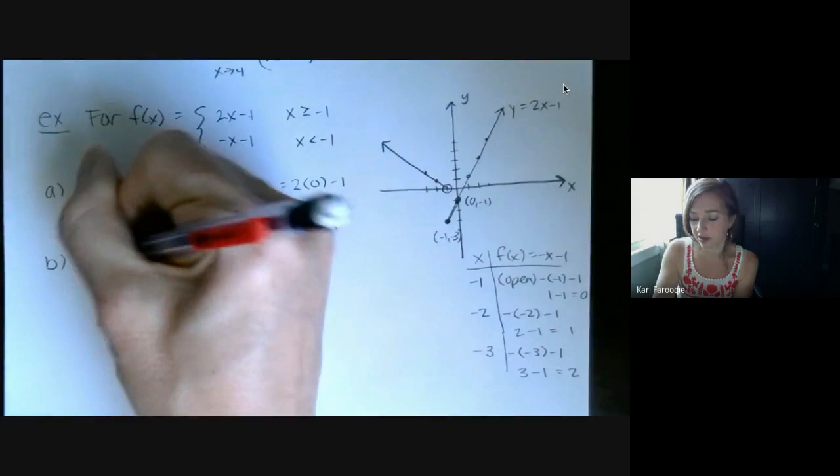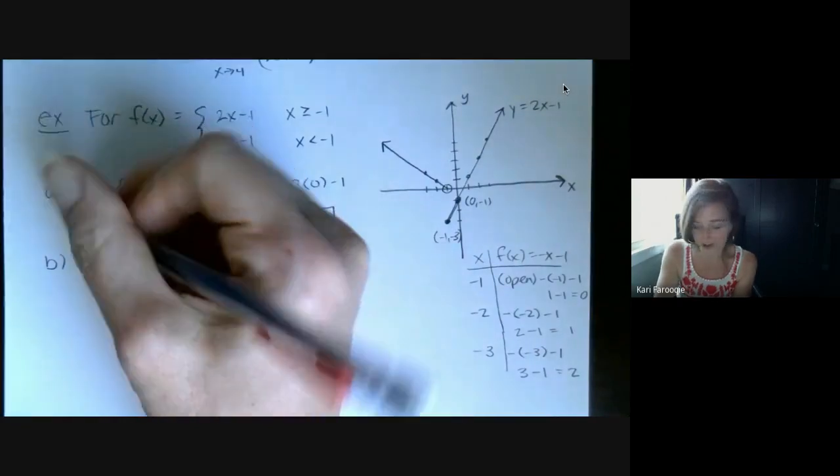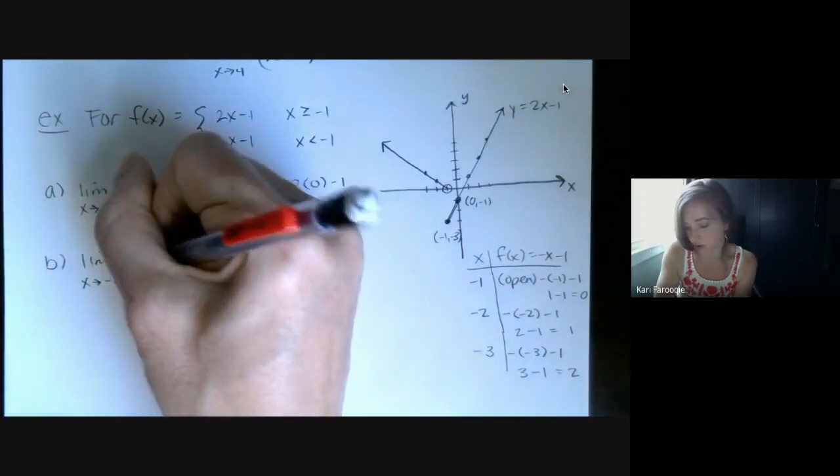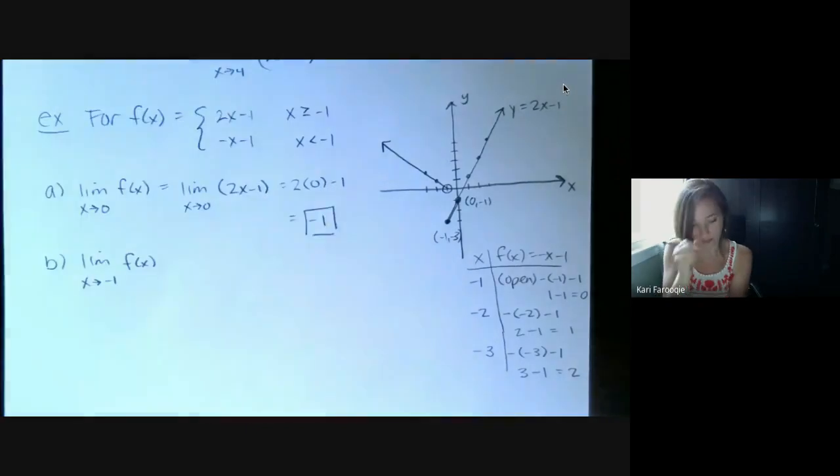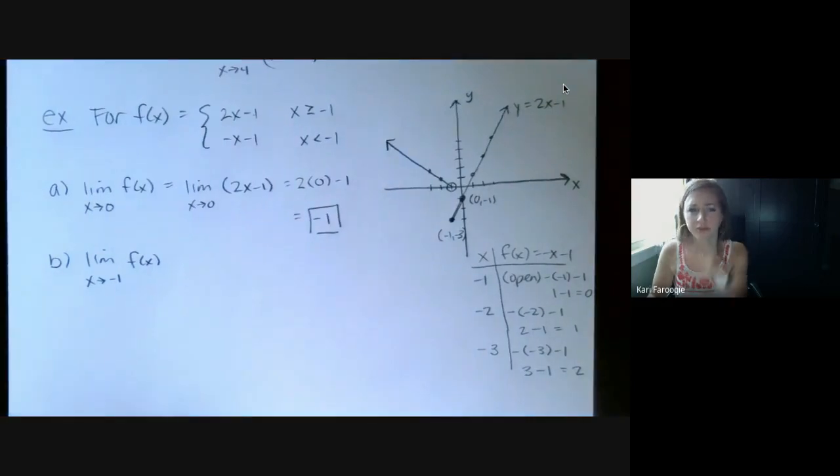So you might guess then, for part B, I'm going to ask you to find the limit as x approaches -1 of f of x. We've got to make this a little more complicated. All right, so again, we have two ways of doing this.